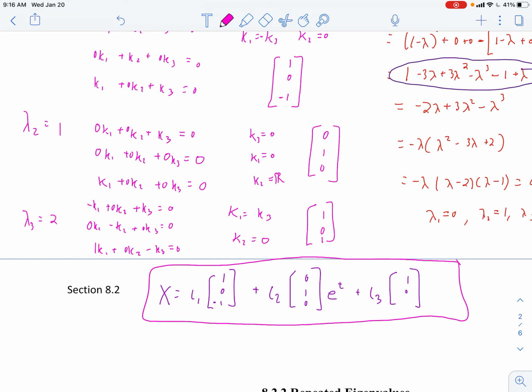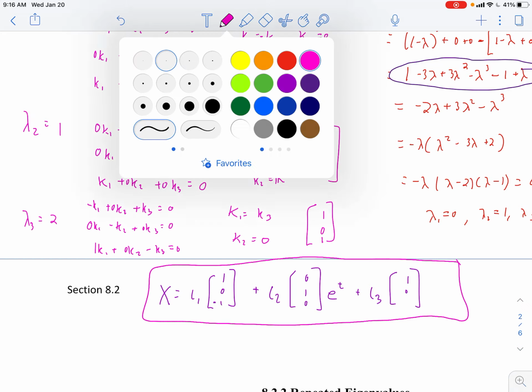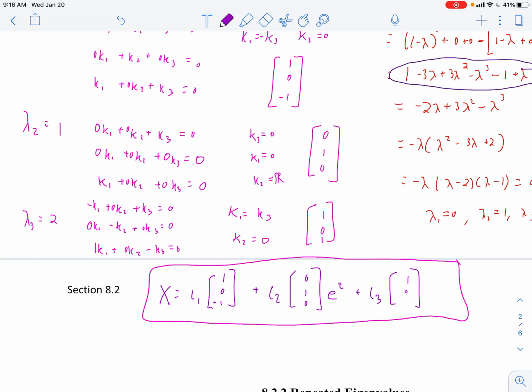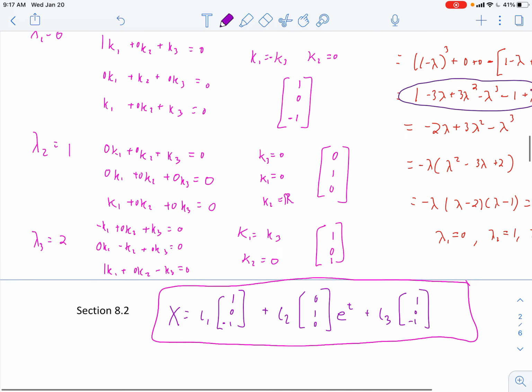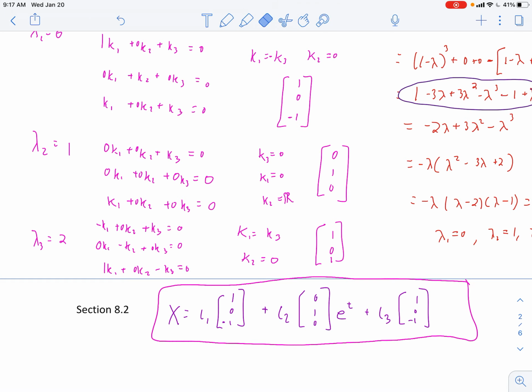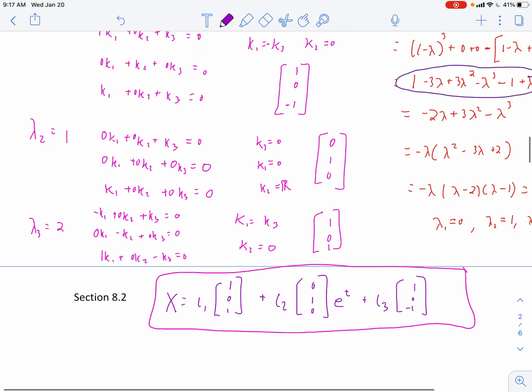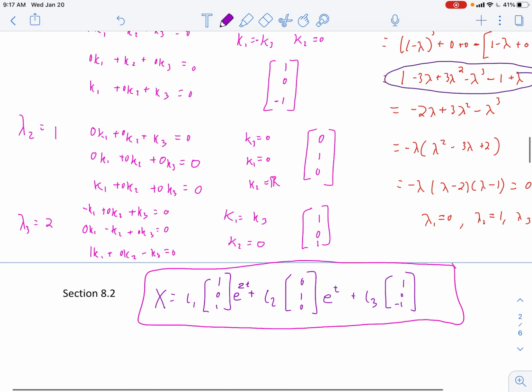So we made that the first one, so that's going to be e to the 0, so that's just going to stay there. We made this one 0, 1, 0, so that's just going to change that to e to the, what's the eigenvalue? So e to the 2t. All right, and then there you see everything is finished.